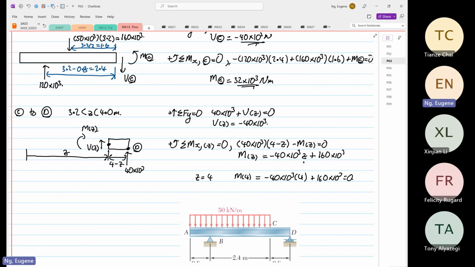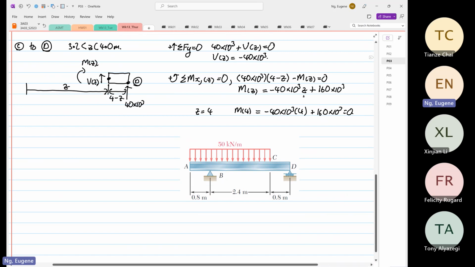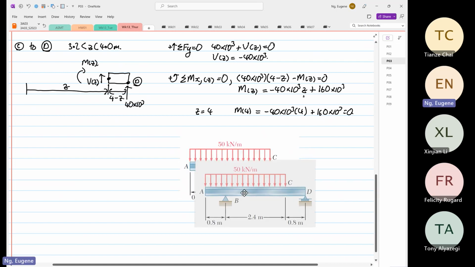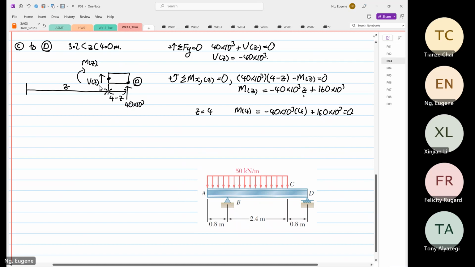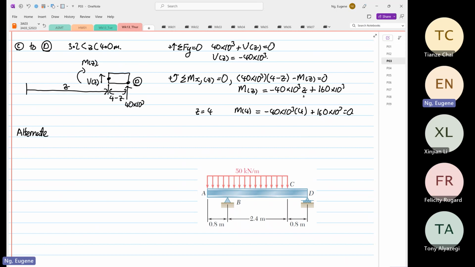So now when we have all these values, before I go any further, I'm going to show you again if we do left to right analysis for this analysis C to D. Let's say we do again alternate, and I want you to see why it is important to learn both ways. Okay, alternate C to D.